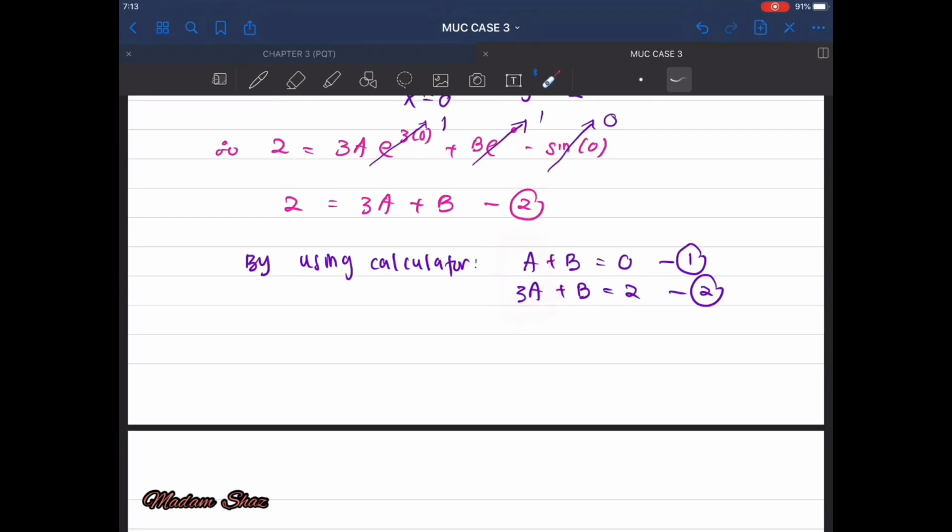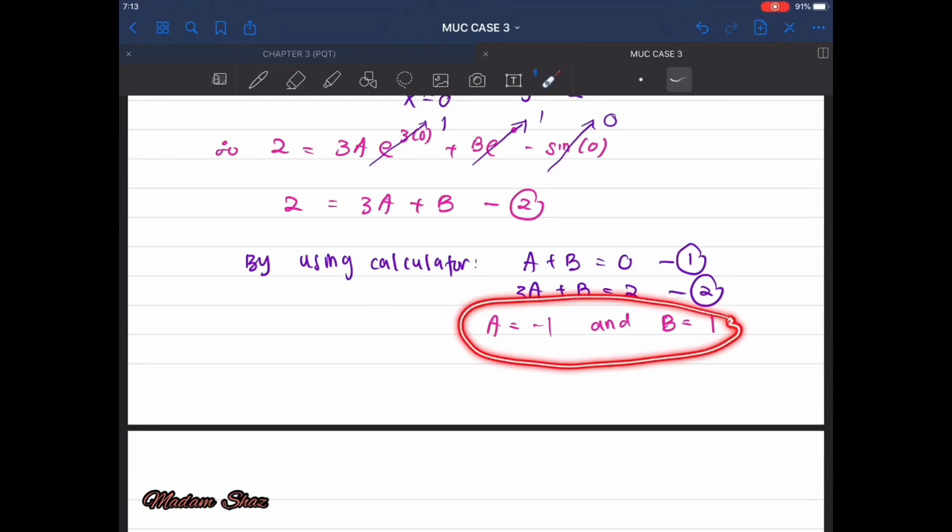If you have A at the front, equation 2 also A at the front. Okay, so by using calculator, A will become -1 and B is 1.